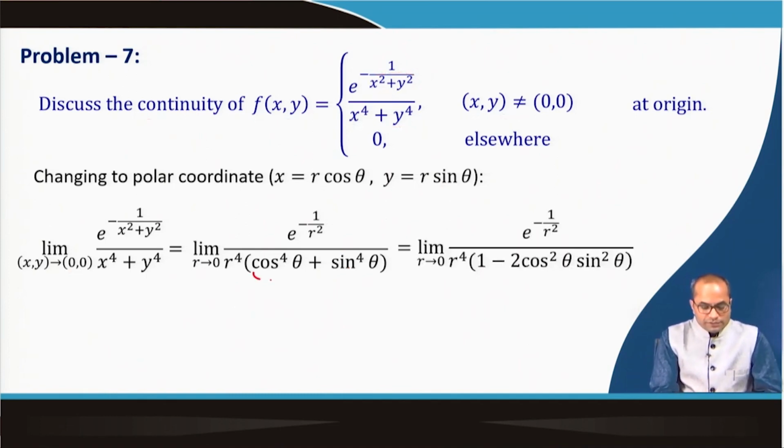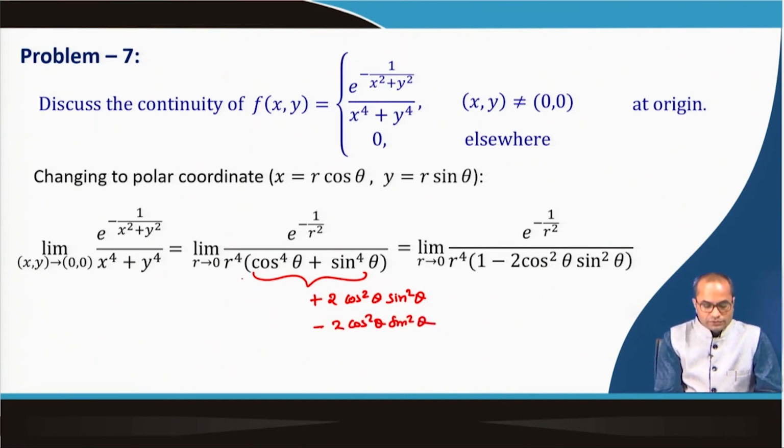Now, this term cos⁴ θ + sin⁴ θ, we can add plus 2 cos² θ sin² θ, and we can subtract also 2 cos² θ sin² θ.